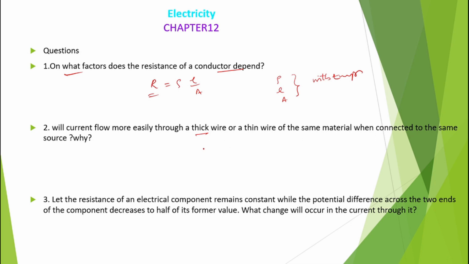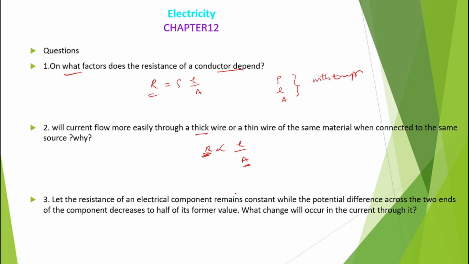That means R is directly proportional to L and inversely proportional to A. If area increases, resistance reduces. So this is the answer.